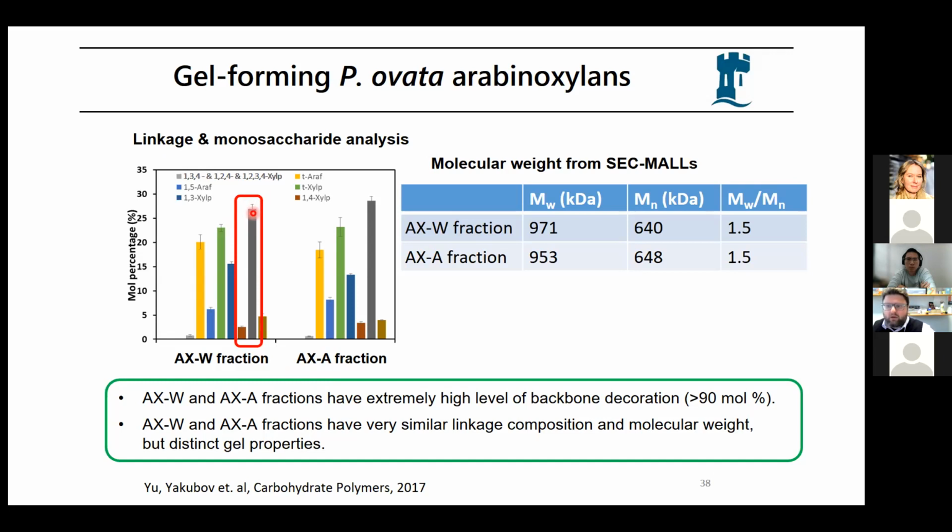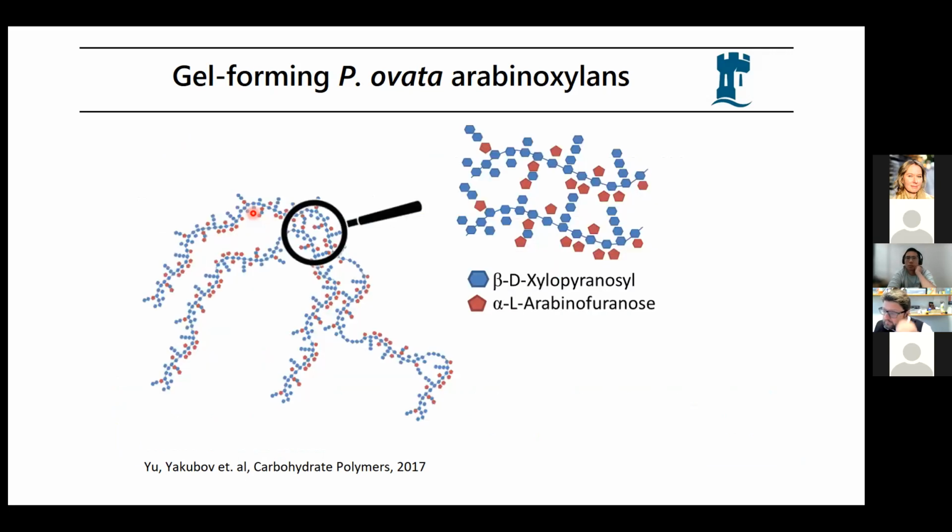You might say the monosaccharide composition is the same, but the linkages are different, which would explain the differences in gel structure. But here, the linkage composition is essentially identical. We did a few replicates, a few batches, and the result was consistently the same. These fractions are, from the linkage composition perspective, identical.